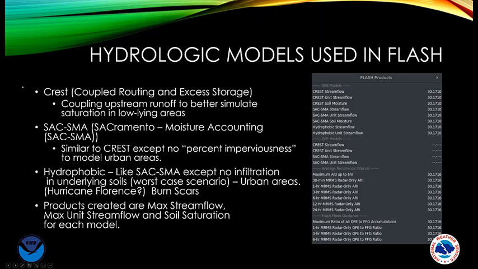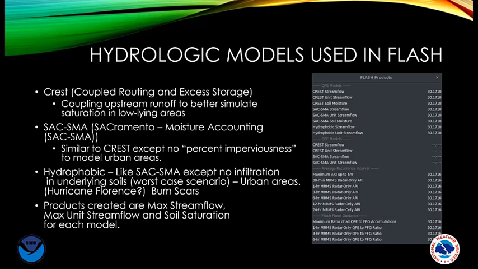Now, there are three models that FLASH uses: CREST, SAC-SMA, and hydrophobic. CREST is a coupled routing and excess storage model. It's coupling any kind of upstream runoff to better simulate saturation in low-lying areas. The SAC-SMA, or Sacramento Soil Moisture Accounting, has been used for a long time.